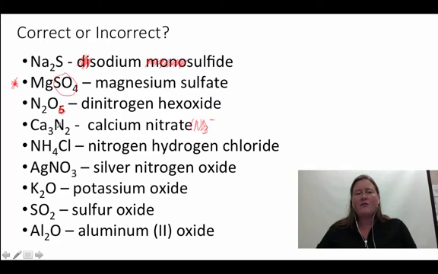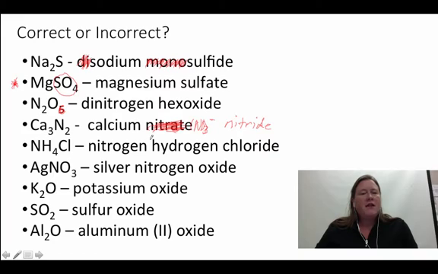I don't have NO3 here, I just have N. So for this to be named properly, it is not going to be calcium nitrate, it's going to be calcium nitride. It is easier for me to just cross off the nitrate and write nitride than it would be to try and change this formula to actually be nitrate.